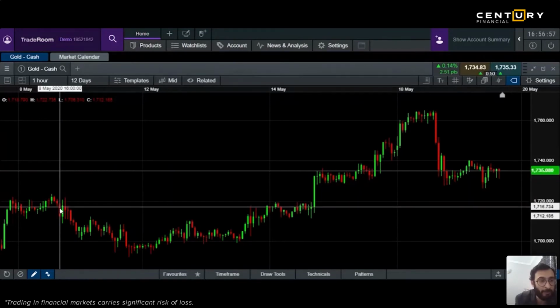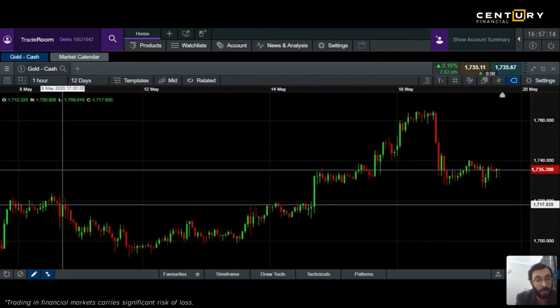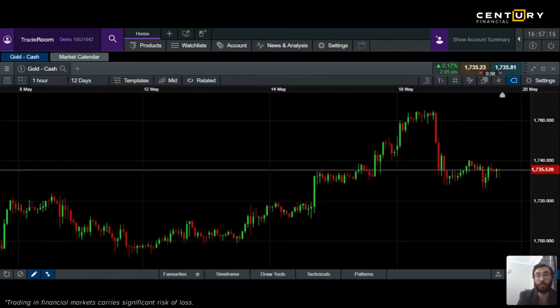The lowest gold hit in that hour was 1706, and the highest it went back to was 1722. In the very next hour, it was trading around the highest 1720 against lowest 1709. So only on the non-farm payroll data, we saw gold coming down to 1706 and then bouncing back to 1722 in the very next hour.